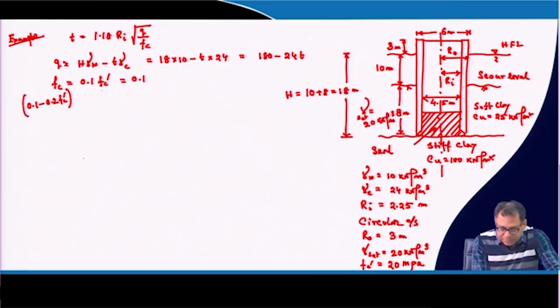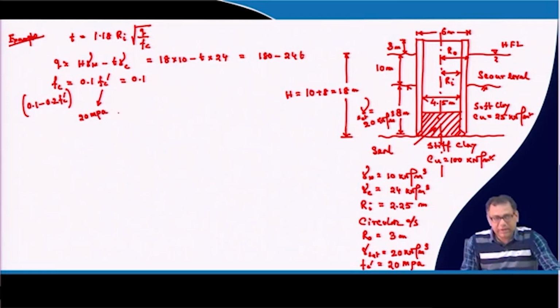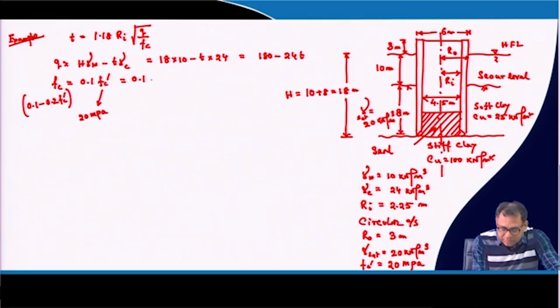So Fc dash is 20 MPa, and this is 0.1 times 20,000 kPa, which is equal to 2000 kilonewton per meter square or 2 MPa.